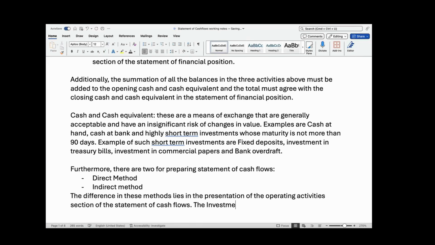The investing and financing activities sections are presented in a similar manner, irrespective of the method used.